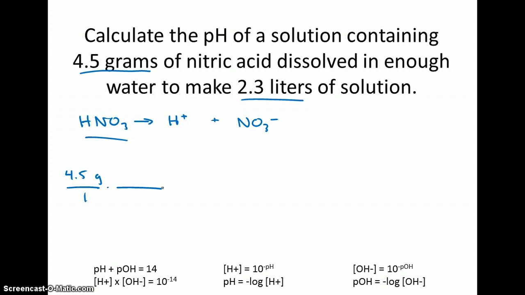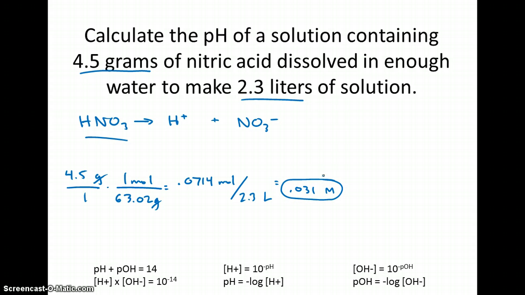I know the molar mass of nitric acid, using my periodic table, is 63.02 grams, and that is the mass of 1 mole. Grams will cancel, so now I know that I have 0.0714 moles of nitric acid. I'm going to dissolve that in 2.3 liters of water, meaning that my molarity is 0.031.